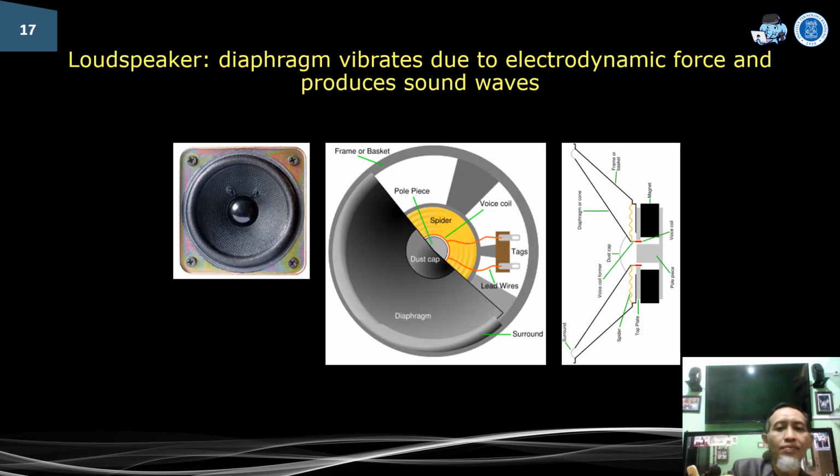Loudspeaker, this is something we need. The diaphragm vibrates due to the electrodynamic force and produces sound waves. Okay, this is a loudspeaker.